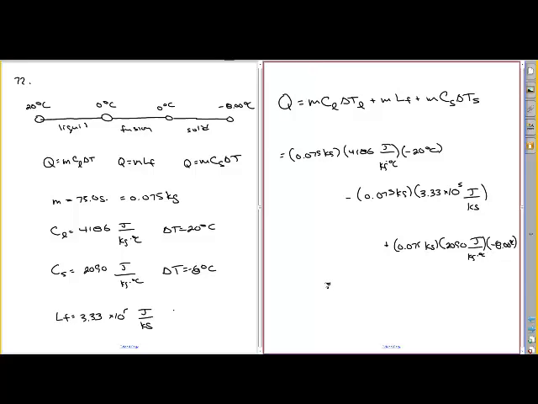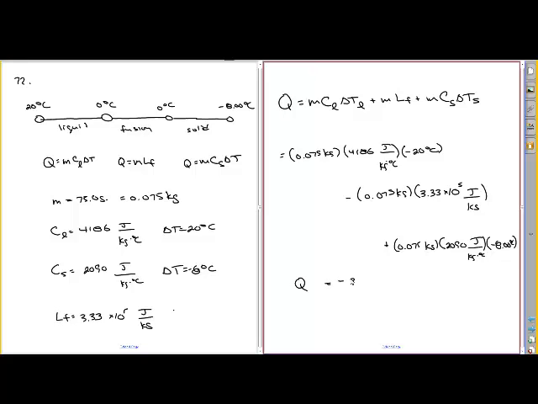So just plug that in the calculator and get the answers. 0.075 times 4186 times negative 20 minus 0.075 times 3.33 e to the 5th power, actually plus 0.075 times 2090 times minus 8.